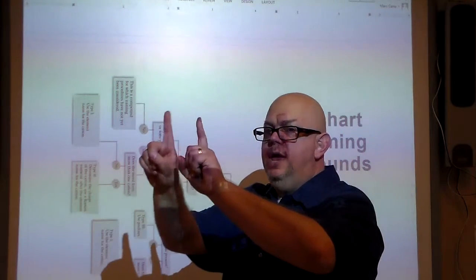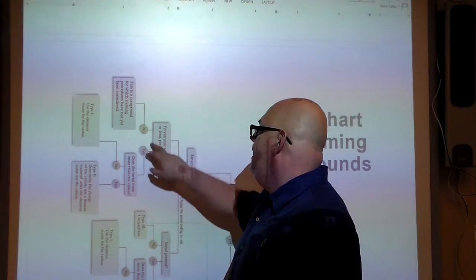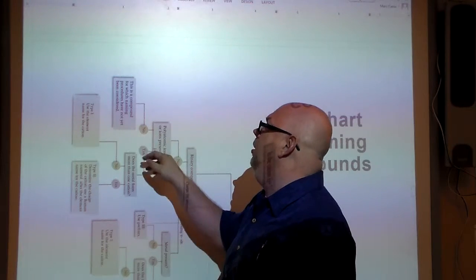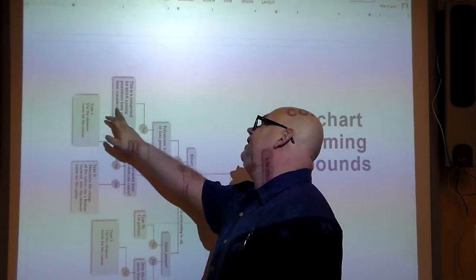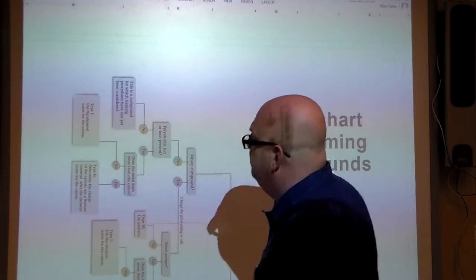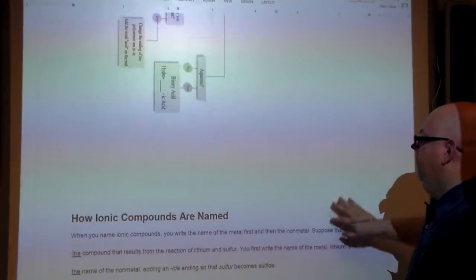It has two different elements in it. That's a binary. Well, no, it's not. Is there a polyatomic ion or ions present? Yes or no? Well, no, this is a compound for which naming procedures have not yet been considered. So that's just giving you an idea how to read a flow chart for this.